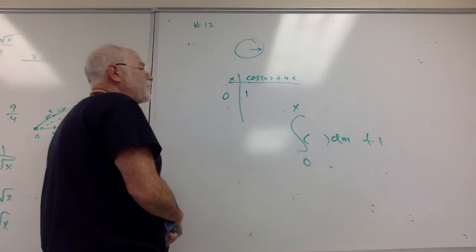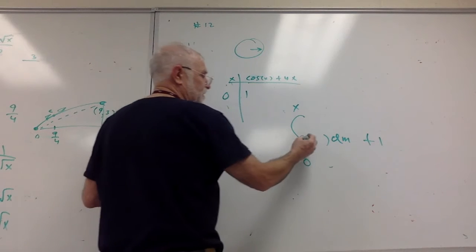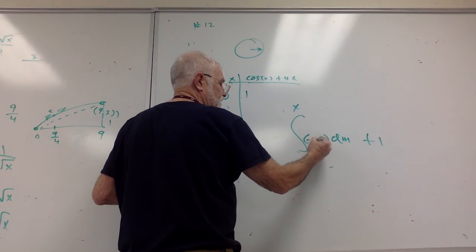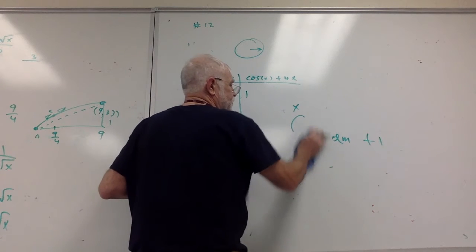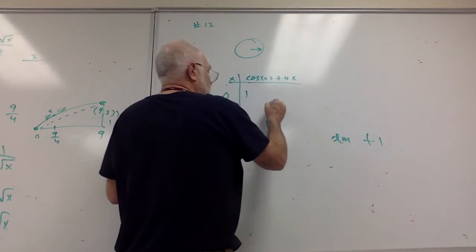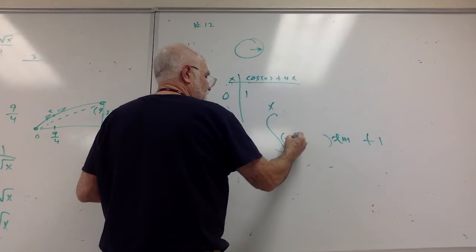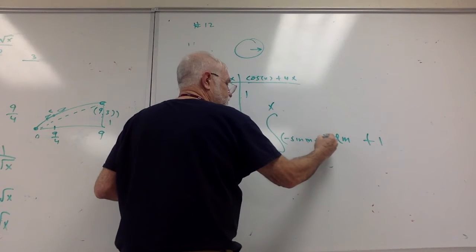What goes in the parentheses? I hope you said the derivative of this, which in this case is minus sine m. Don't have enough room. Integral 0, 1, x minus sine m plus 4.